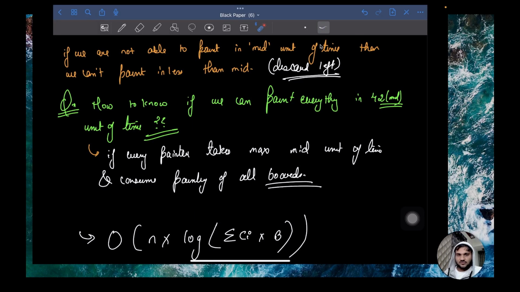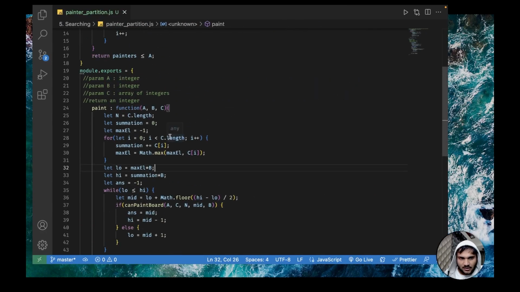One small thing, if you have to quickly check how to calculate the maximum element and the summation: before actually starting binary search, I applied a loop on the whole array, added every element in the summation variable, and did Math.max of max element comma the current value. Initially it is -1. All of the array elements are expected to be positive because the length of the board will always be greater than 0.